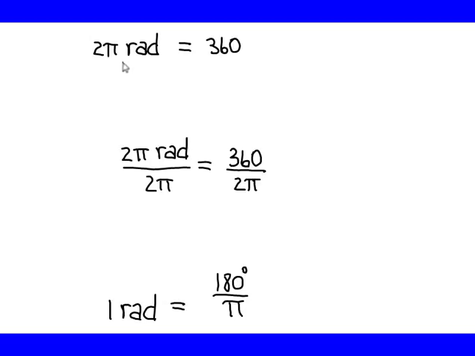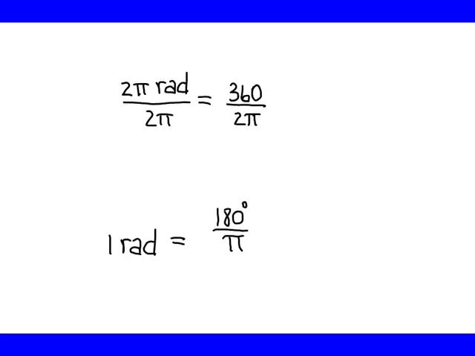Beginning with the equation again, 2 pi radians, since that's one complete rotation, is equal to 360 degrees. To determine how many degrees 1 radian is equal to, we divide both sides of that equation by 2 pi.